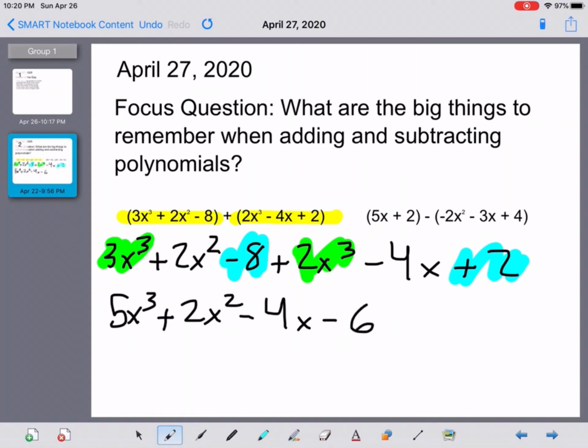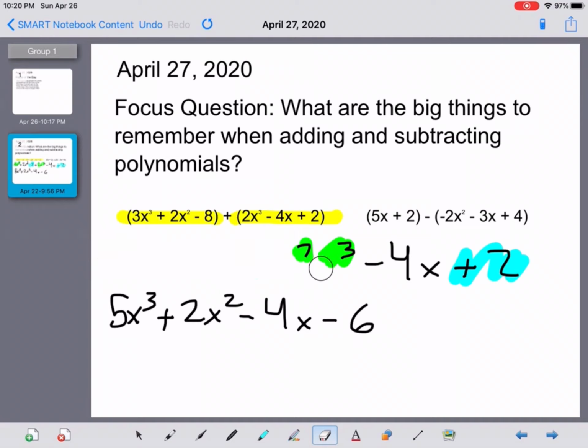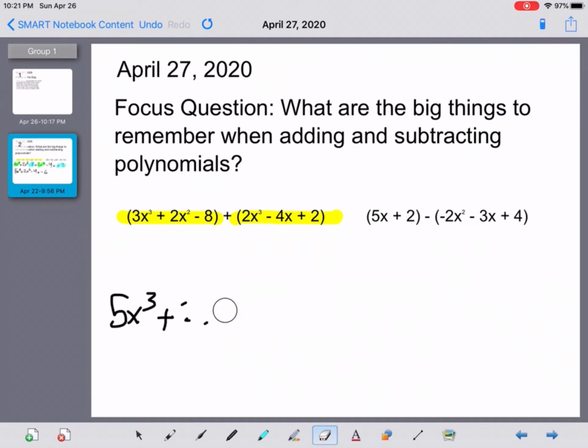Notice I wrote it in order from the highest degree term to the lowest. This is called normal form. So that was adding polynomials. The big thing to remember there is we're combining like terms and we're going to write the simplified version in normal form.